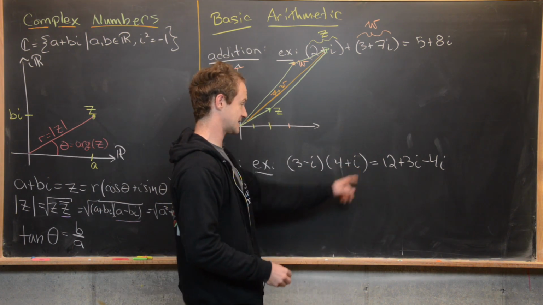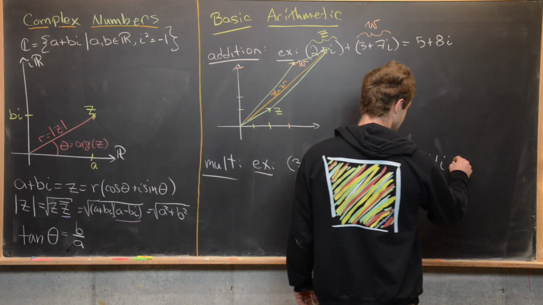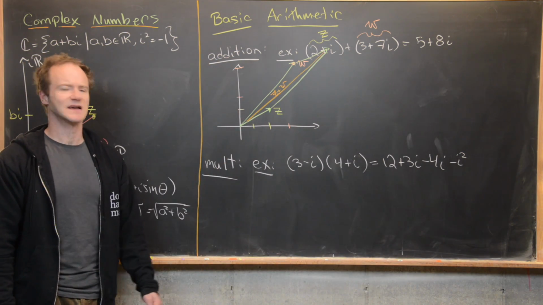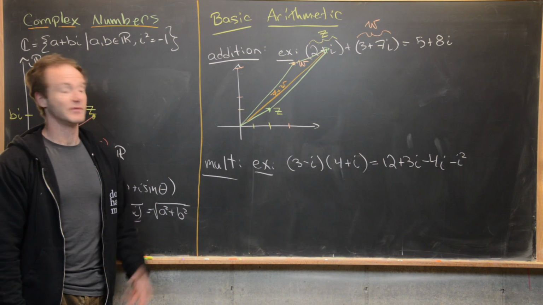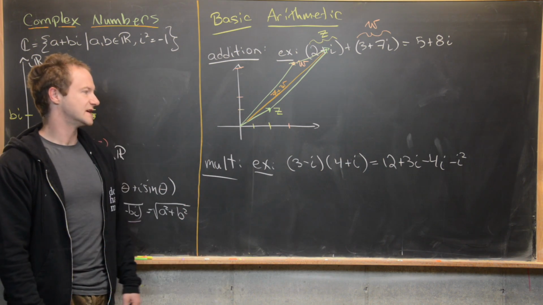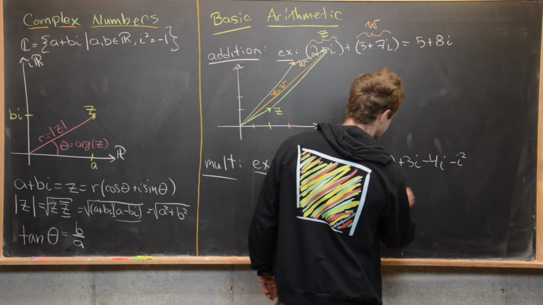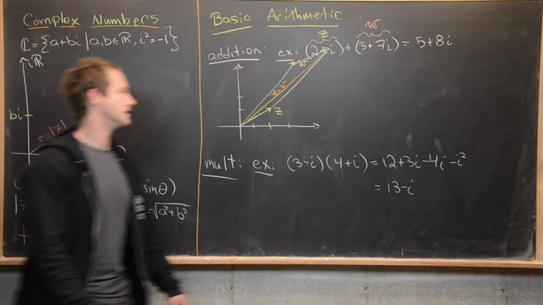And then we've got minus i times i, so that's going to be minus i squared. But we know minus i squared is going to be positive 1 because i squared is negative 1. So we've got negative negative 1. So that's going to give us 13 minus i in the end.